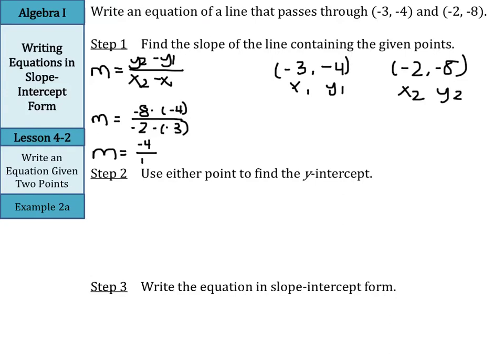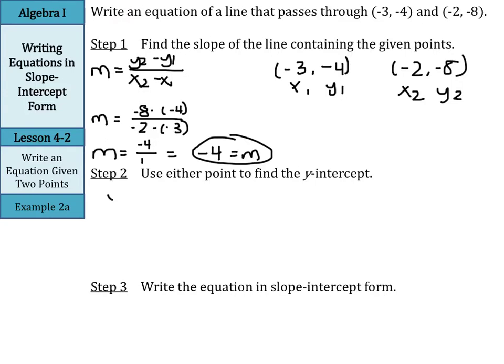And this very nicely simplifies into -4. So m equals -4. So compare that to the first two examples. We have to actually find the slope. And now that we have the slope and 2 points, we can use either point to find the y-intercept.